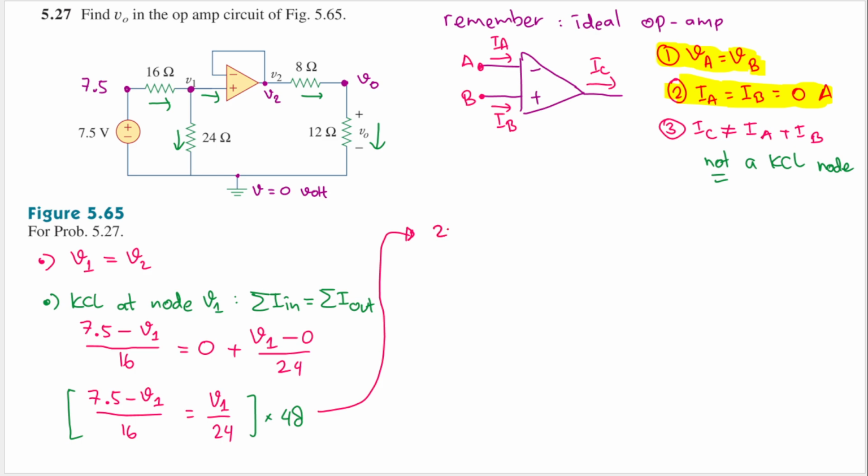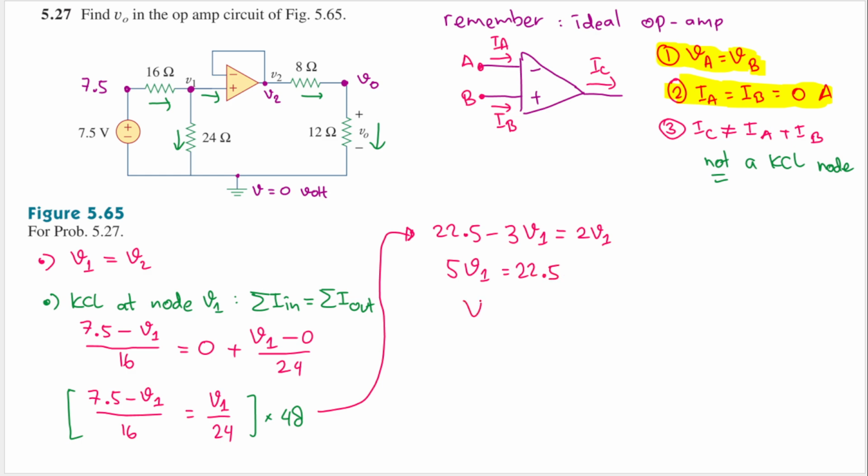So I will have 22.5 minus 3V1, and that will equal V1 over 24. 24 and 48 will cancel into 2, so I will have 2V1. So we will have 5V1 is equal to 22.5.